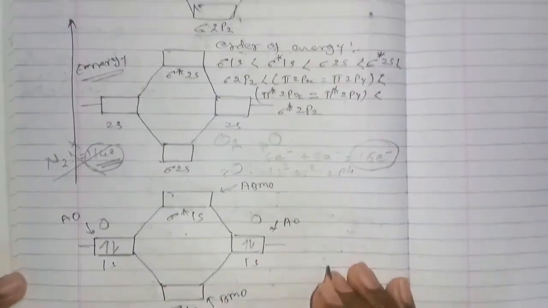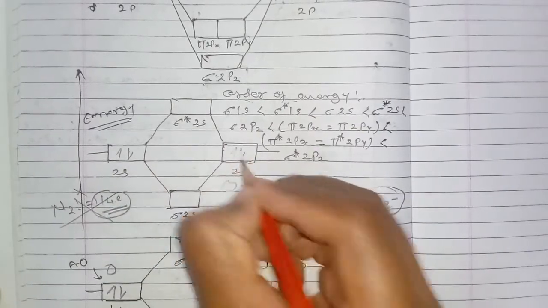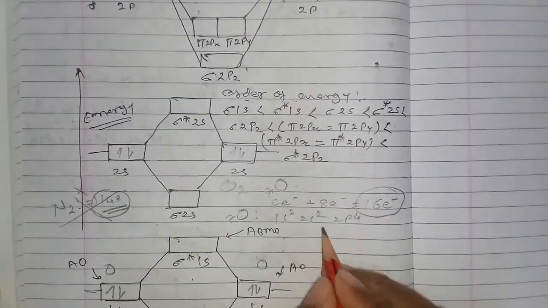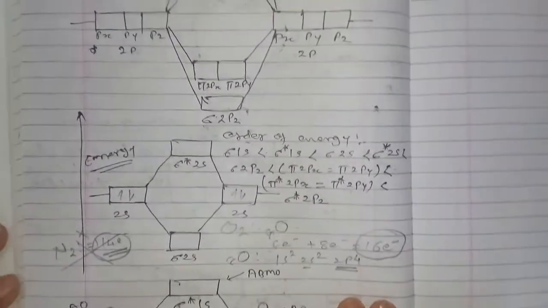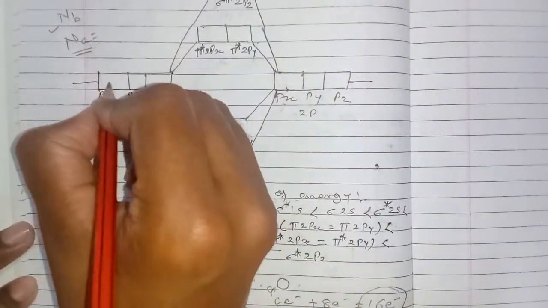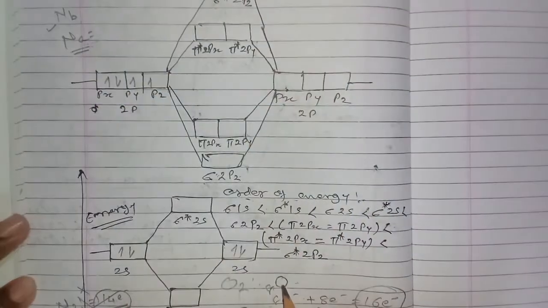Then 2 electrons in 2s, and 4 electrons in the 2p orbital: 1, 2, 3 and 4 electrons.